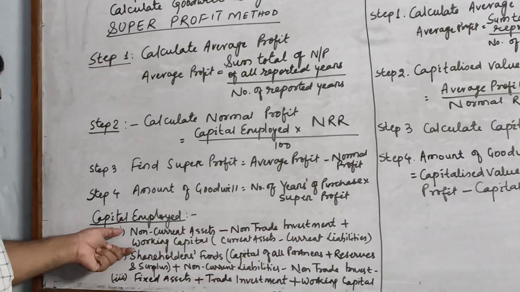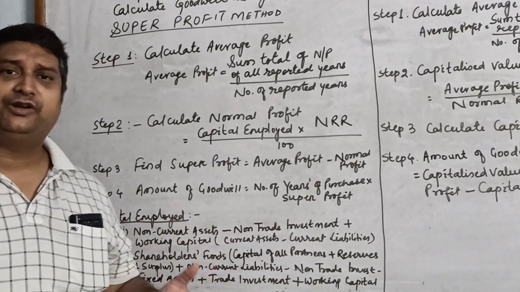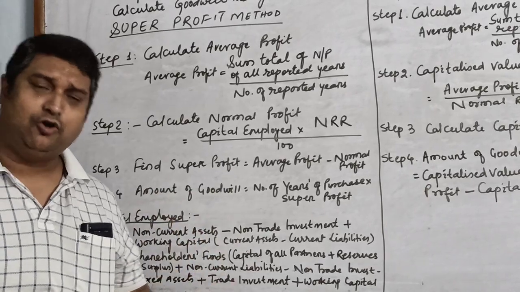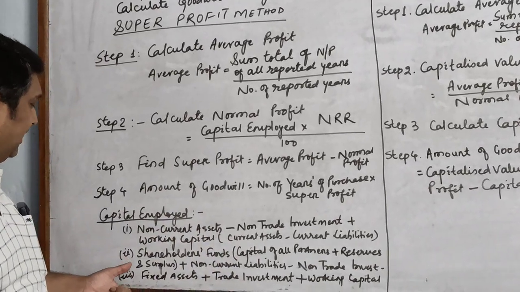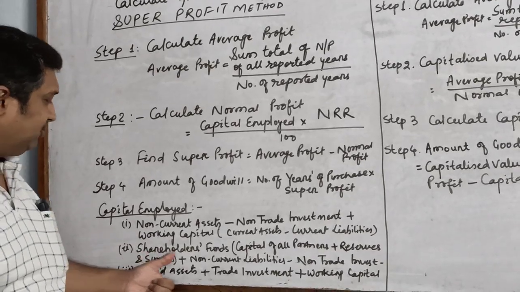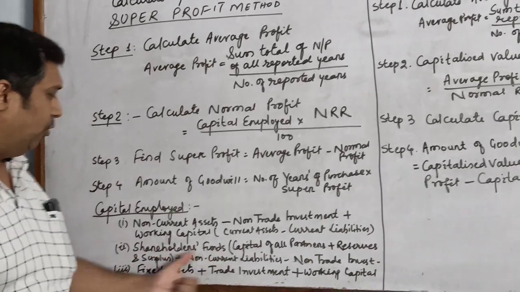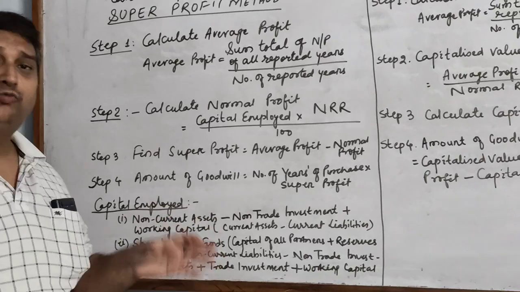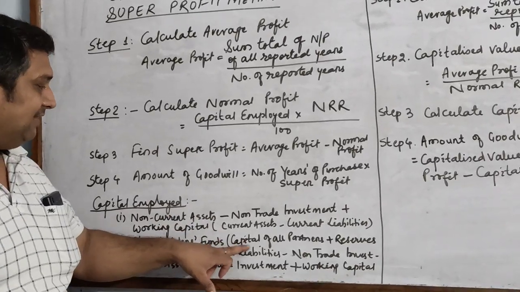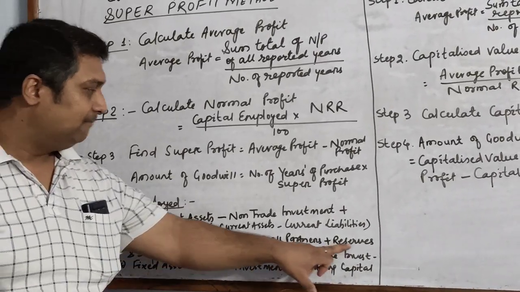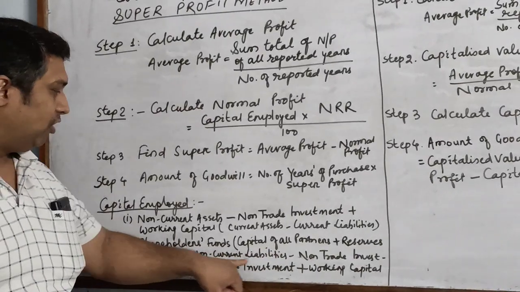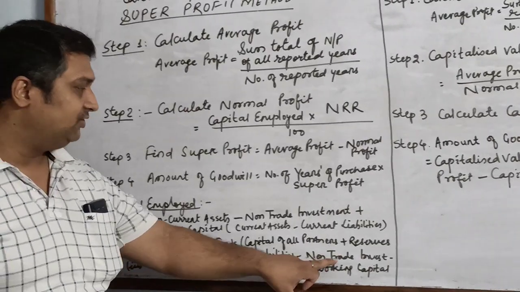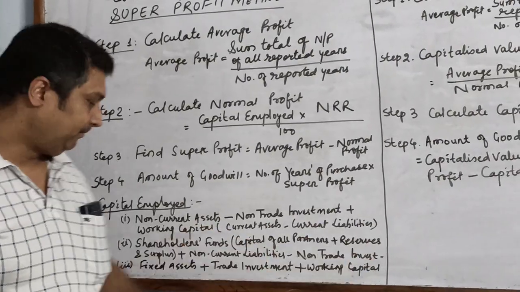Second formula: if you are not provided information regarding the fixed assets or non-current assets, or current assets and current liabilities, you can use the second formula, that is the shareholders' funds. In context of a partnership, you can say capital of all partners plus reserves and surplus plus non-current liabilities minus non-trade investment.